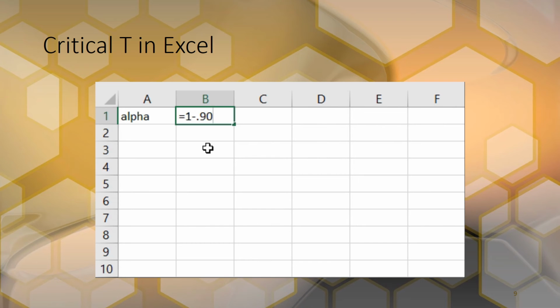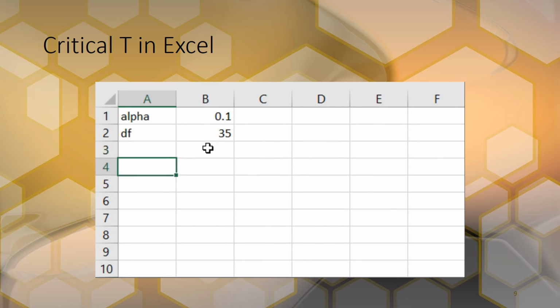And we're going to take the 90% and move the decimal over twice to make it a proportion out of 1. And so we'll get 0.1 or 0.10. And then we need our degrees of freedom. And our degrees of freedom, in this case, it's 36 minus 1, so it's 35.